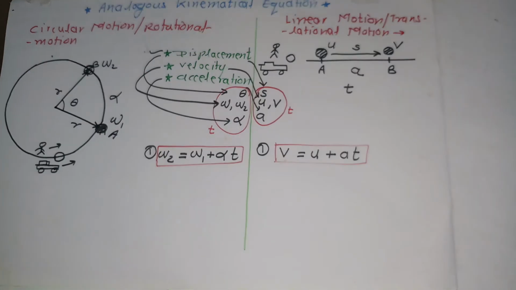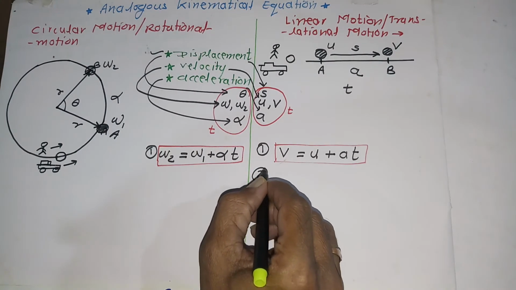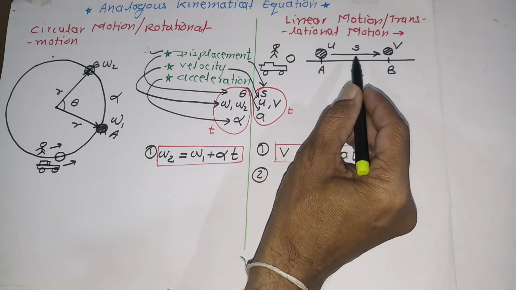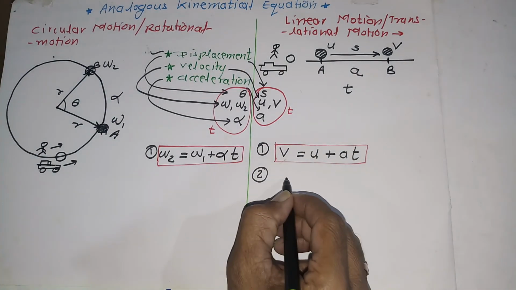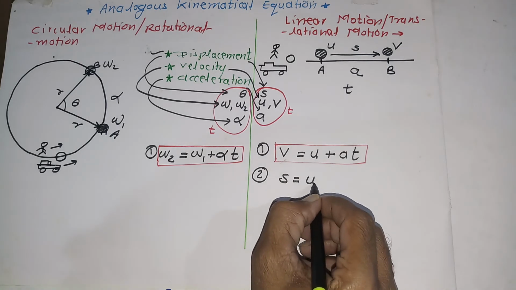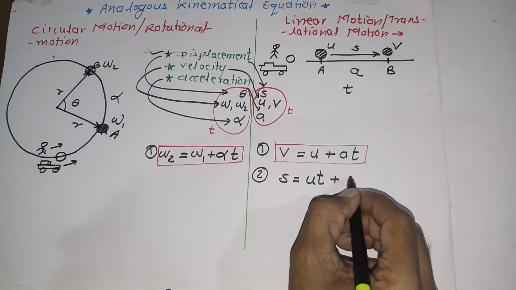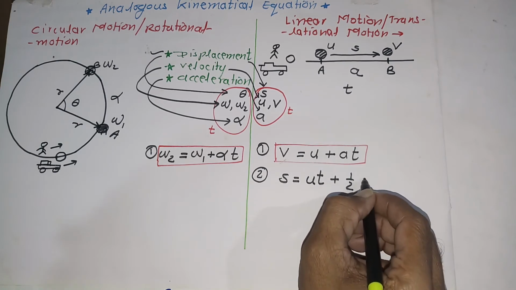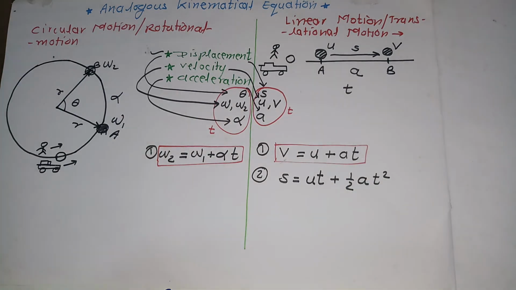Do you remember the second kinematical equation in linear motion, about the displacement s, initial velocity u and acceleration a? Let me write that: s is equal to u, initial velocity, into time t, plus half a, linear acceleration, into t square. The same expression can be written here as well.